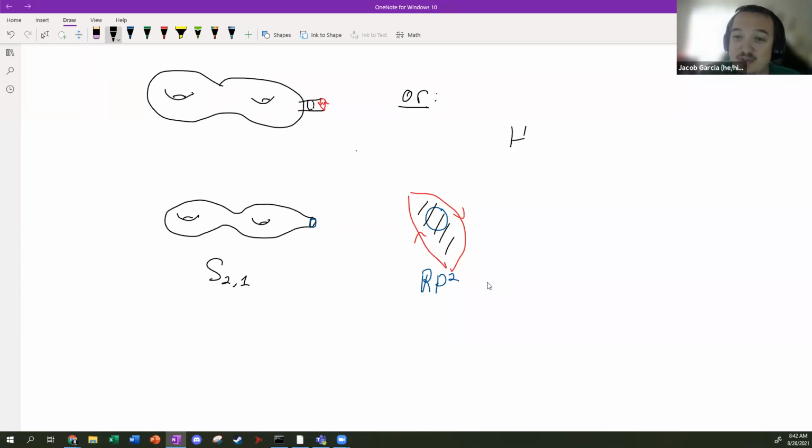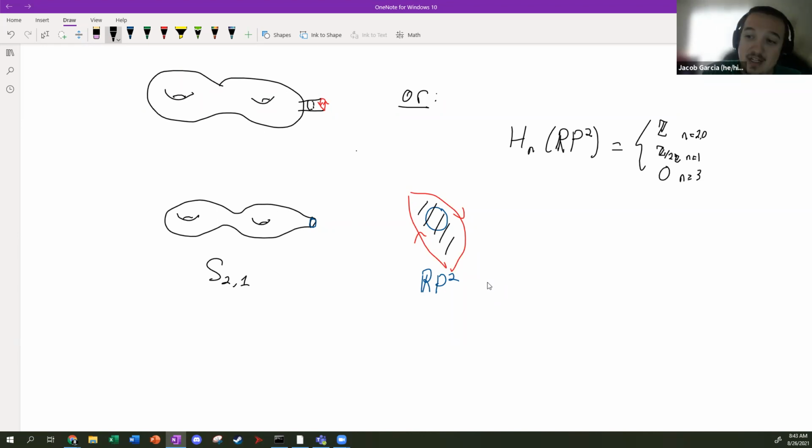And the homology for RP2 is Z for n equal to 0 and 2, 0 for n greater than or equal to 3, but it's actually Z mod 2Z for n equal to 1. So when we do this homology calculation, we will see a Z mod 2Z pop up, but we shouldn't be too surprised to see the Z mod 2Z show up somewhere because we have this RP2 sitting inside of our space.